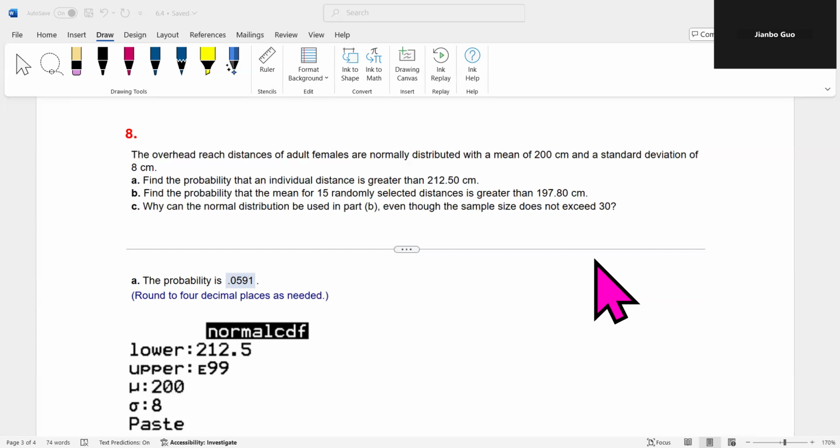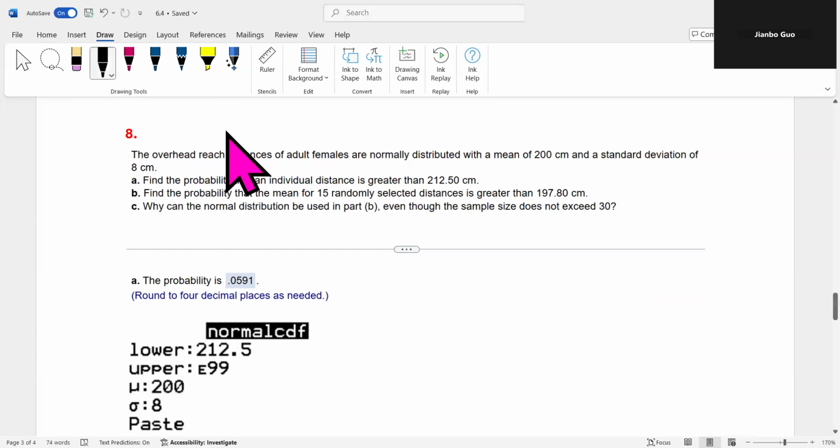The given information tells us about a population. I'm going to use X to represent the population. It is the random variable representing the overhead reach distance of an adult female. It's given that this random variable is normally distributed with the mean and the standard deviation given.